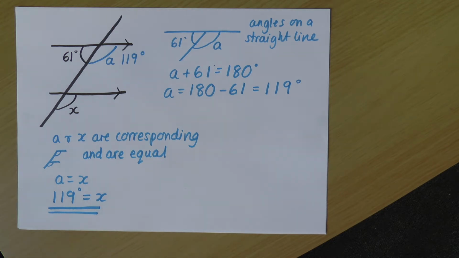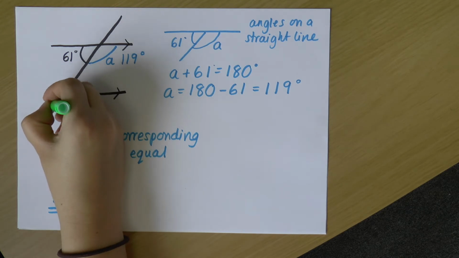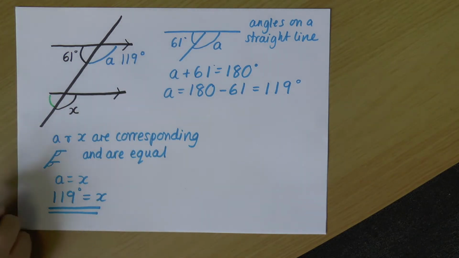So I mentioned that there were multiple ways to do this kind of question. One other way I could do it is to look at this angle down here. And I'm going to do this in green so that we can see it as distinct from the blue.